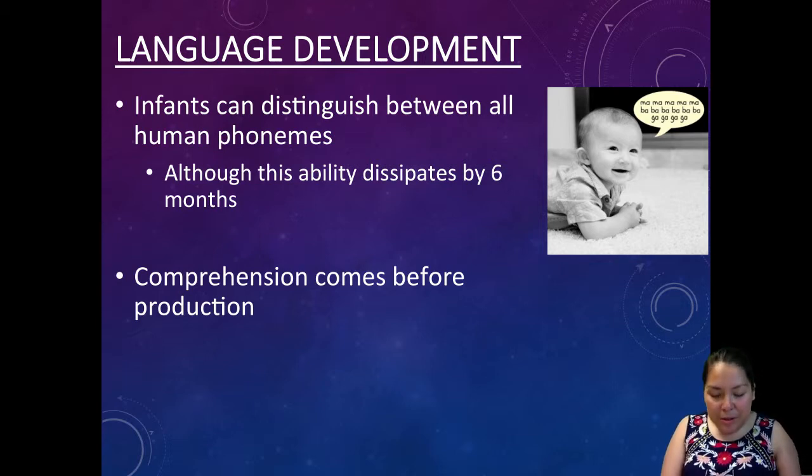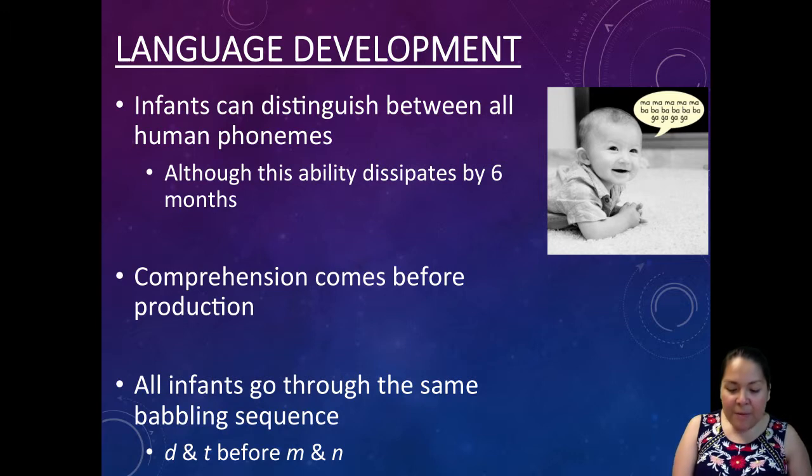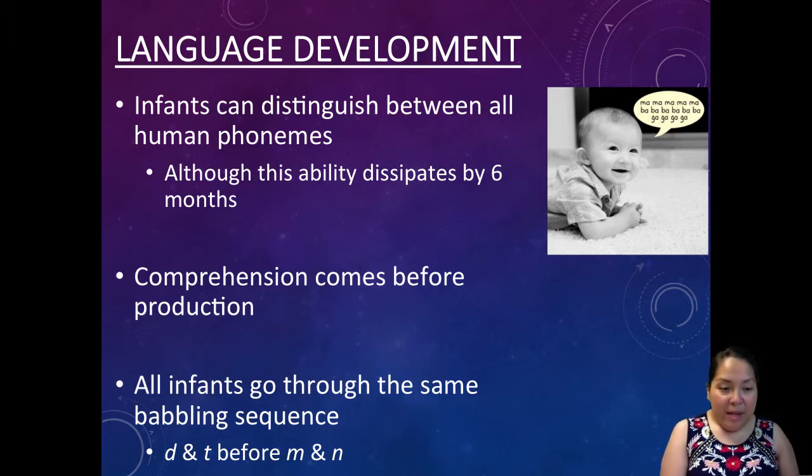In addition to this, all infants go through the same babbling sequence. Between 4 to 6 months, infants will often start with words which begin with the letters D and T before moving on to words that begin with M and N. So it may be easier for infants to say daddy as opposed to mommy.